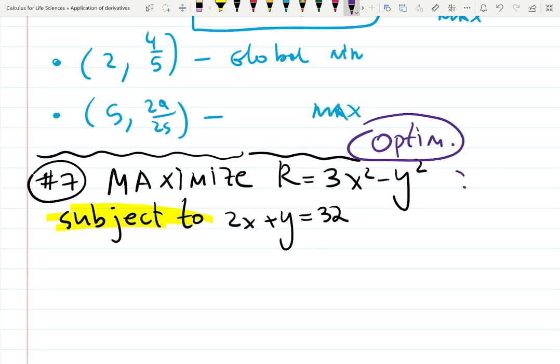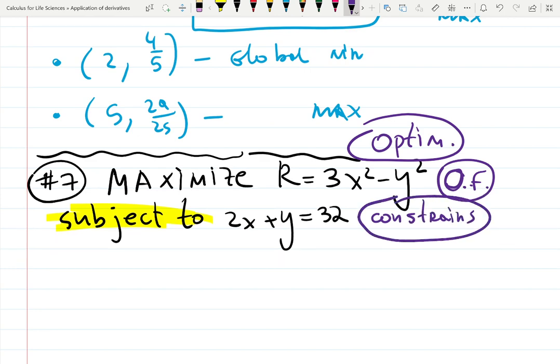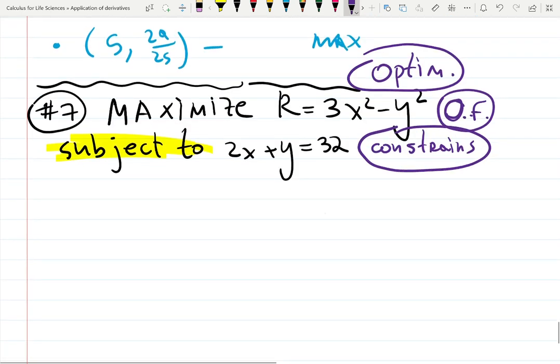We build an objective function, OF, and then constraints or restrictions. For example, the objective function was the cost of the materials to build the fence. Constraints were, if you add 2 sides of x and 1 side of y, it should be not more than $32, or it was the size of the perimeter, or something like that. Restrictions. So this is part of the optimization chapter.